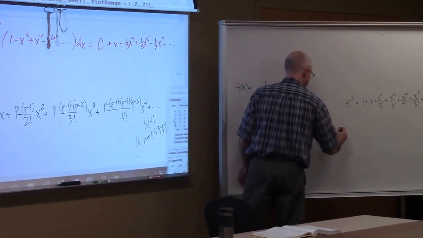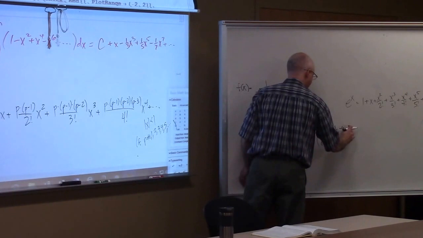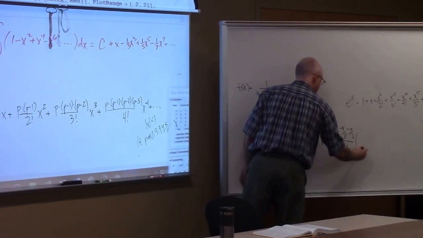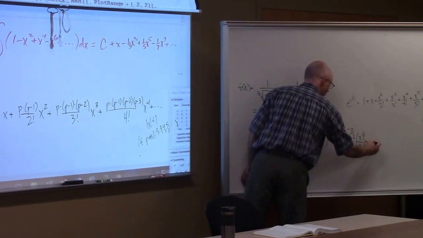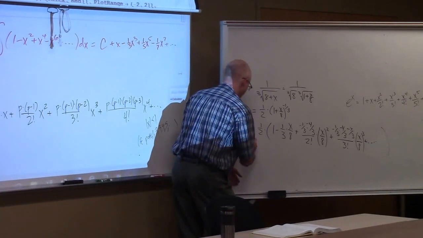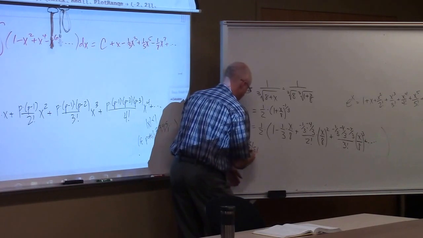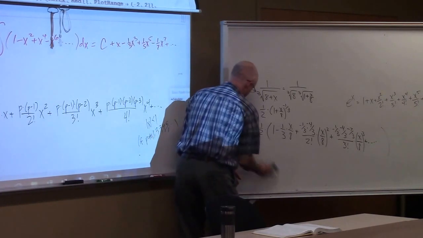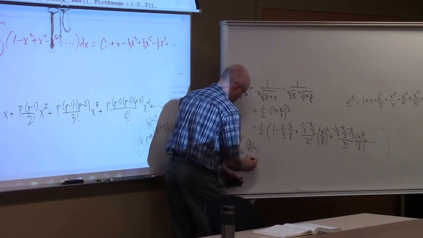The next one's going to be negative 1/3 times negative 4/3 times negative 7/3 over 3 factorial times x over 8 quantity cubed, etc. This is going to be true if the absolute value of x over 8 is less than 1, which is equivalent to the absolute value of x being less than 8.